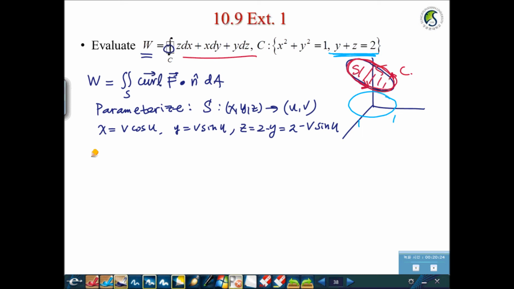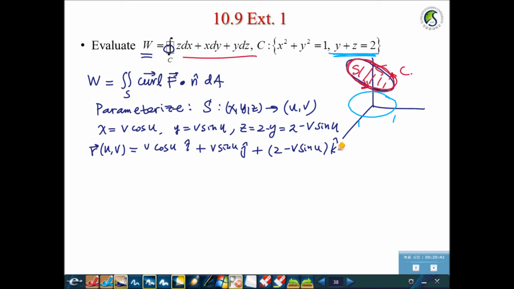Our position vector for the surface is v cosine u i plus v sine u j plus (2 minus v sine u) k.